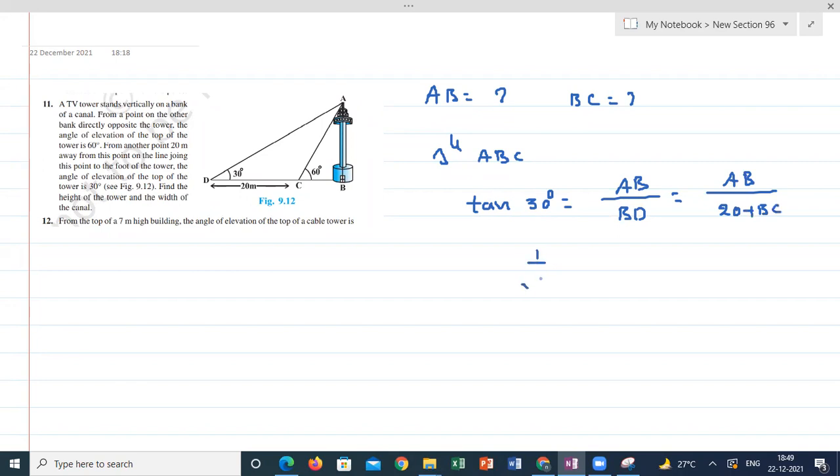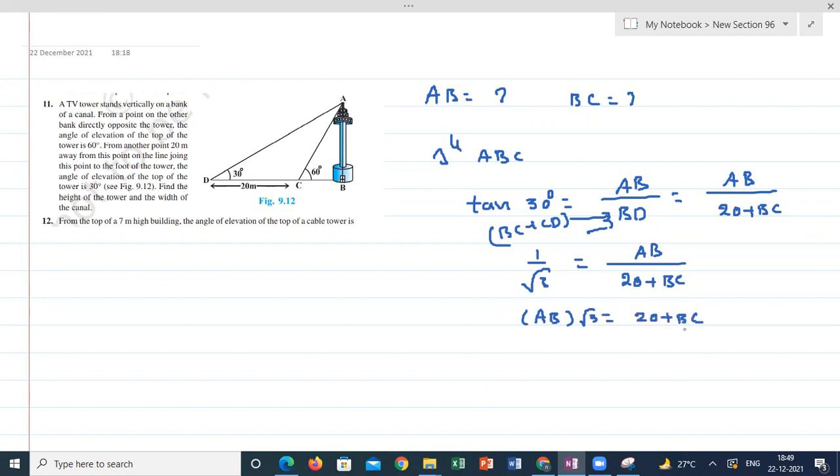It is 1 by root 3 equals AB by BD, because BD is nothing but BC plus CD. So 20 plus BC. Cross multiplying, AB into root 3 is equal to 20 plus BC. Keep it like this, because I have two variables, and one equation can't help to solve this.